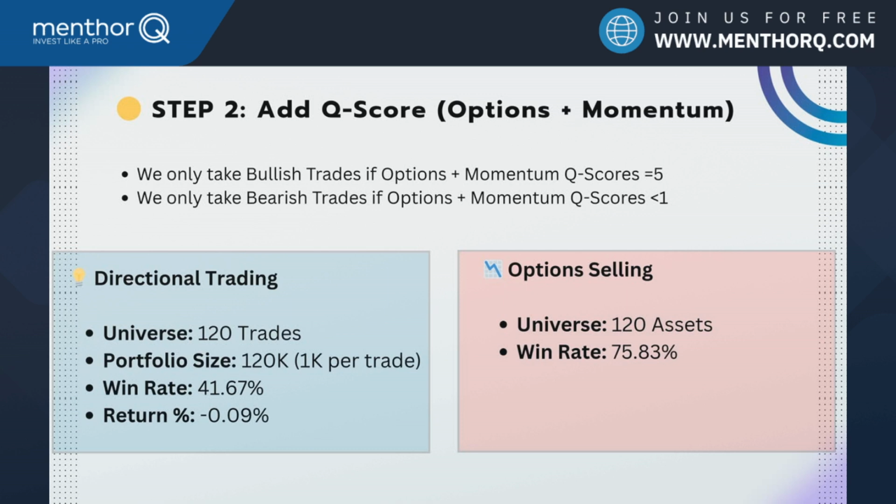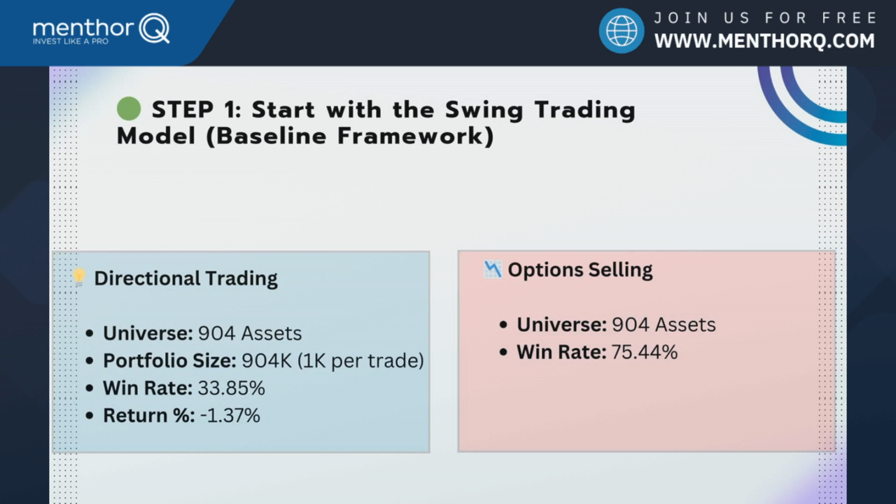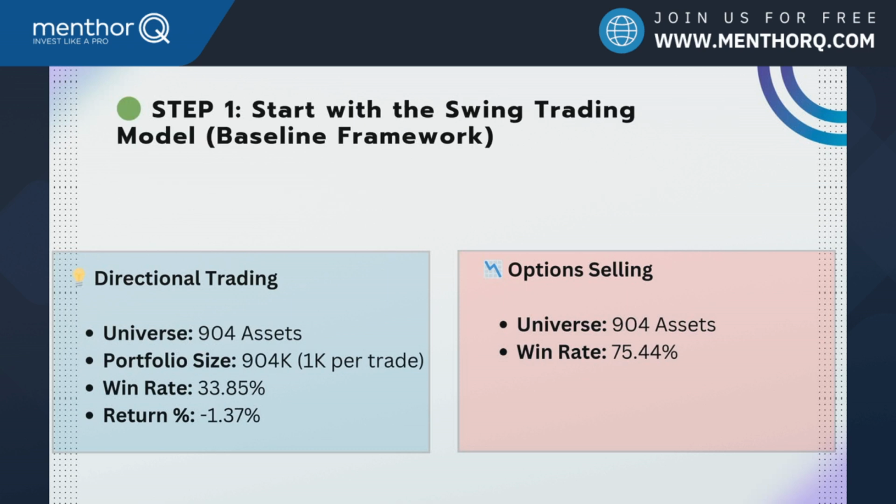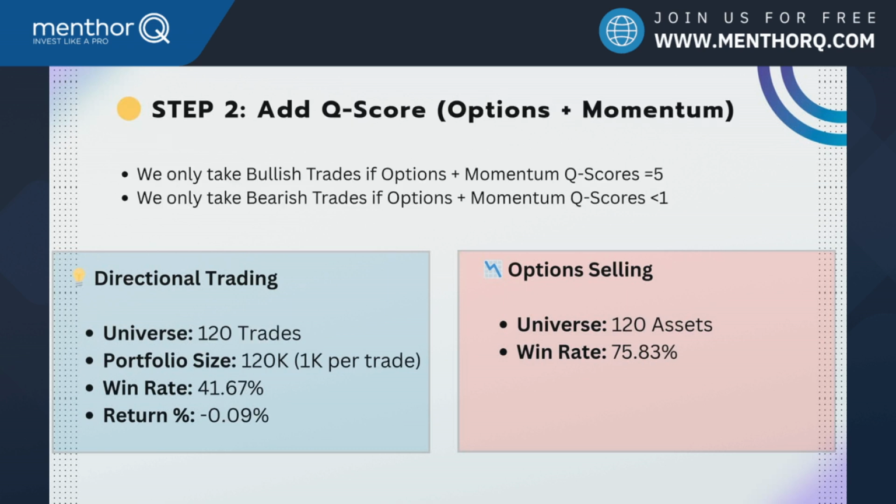So what happens here is that we now only have a universe of 120 trades. The portfolio size stays the same, and as you can see, our win rate improved from 33.85 to 41.67, and our return also improved from minus 1.37% to minus 0.09.